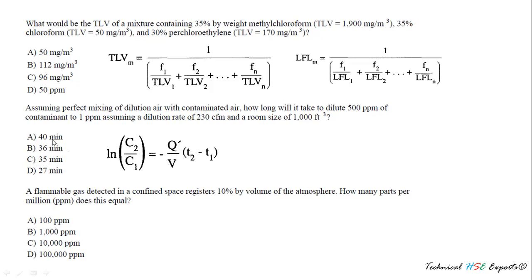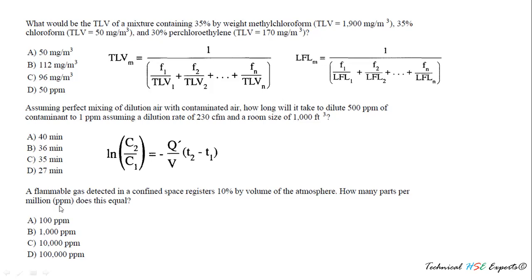So you will end up with option D. Option D. Okay, moving on to the third question. For the first question also, if you do the math, you will end up with option B.